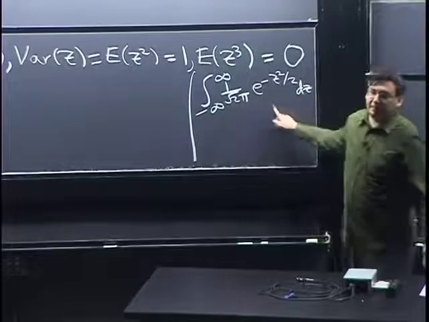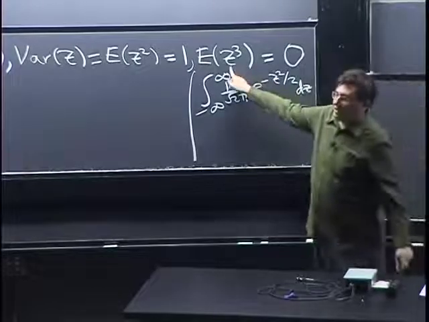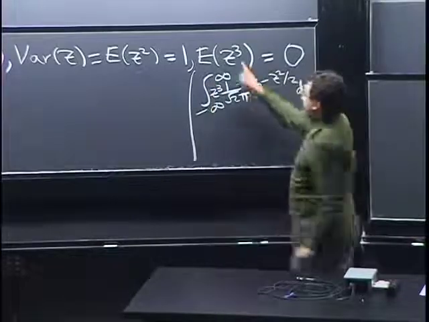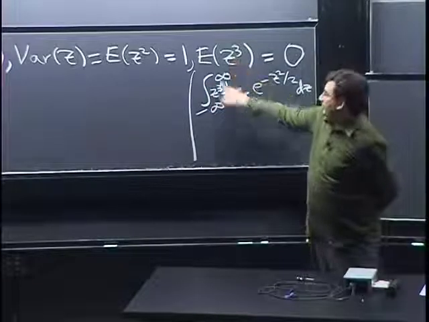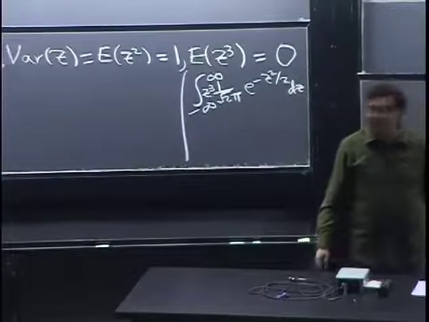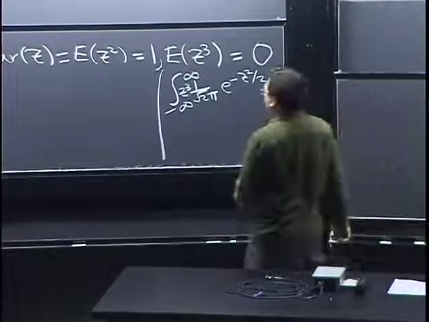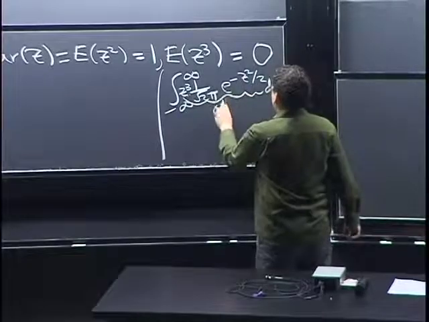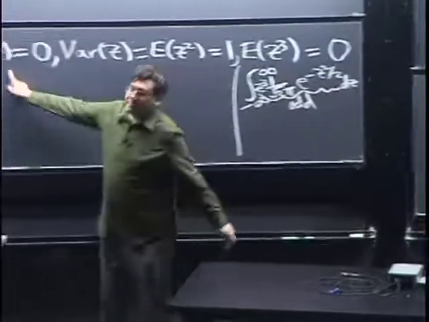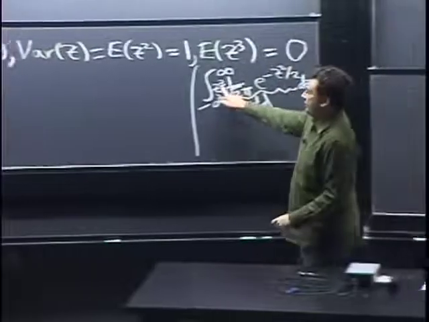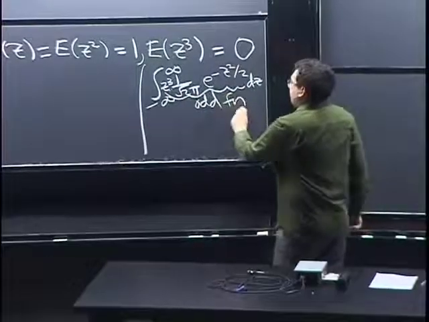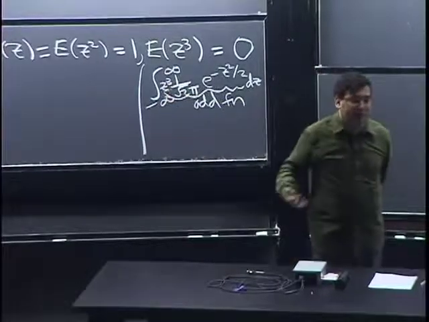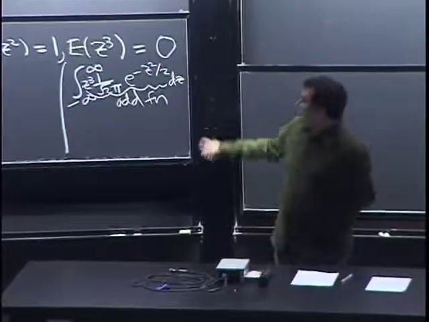LOTUS says if we want E of Z cubed, we just stick in a z cubed here. If we just wanted E of Z, we'd put z. That's LOTUS. But this is equal to 0 because this is an odd function again. The same argument applies for Z cubed, and similarly for any odd power, 5, 7, and so on, we immediately get 0.